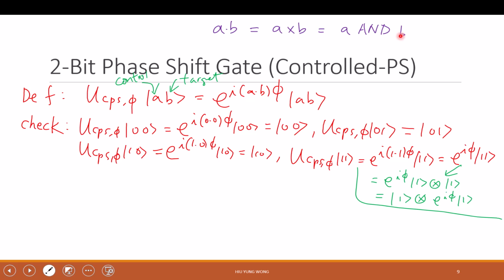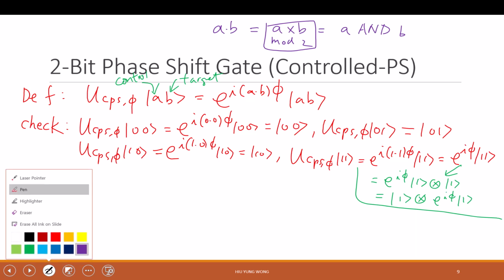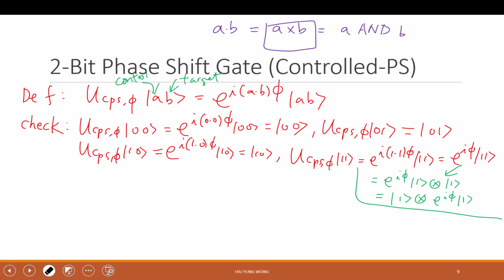When I have this A dot B, it means A times B. So this is 0 times 0, 0 times 1, 1 times 0, 1 times 1. To be more precise, it's just A times B modulus 2. But for now, just treat it as multiplication. Let me not talk about this. Later, you will see another inner product, etc.